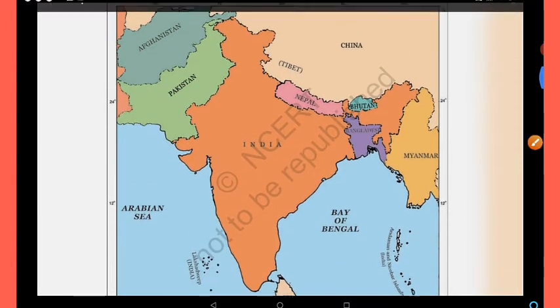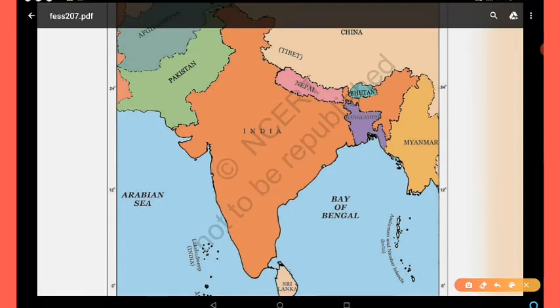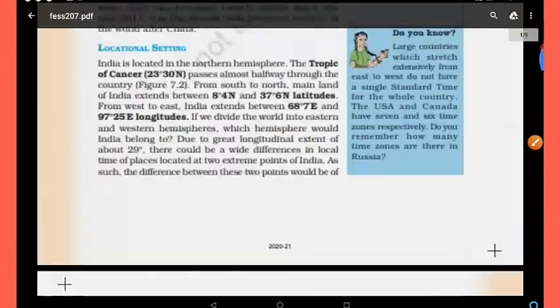So we can see the Indian subcontinent with the neighboring countries: Pakistan, Afghanistan, China, Nepal, Bhutan, Bangladesh, Myanmar, and Sri Lanka, and here Maldives also. So these are the important neighboring countries of India.